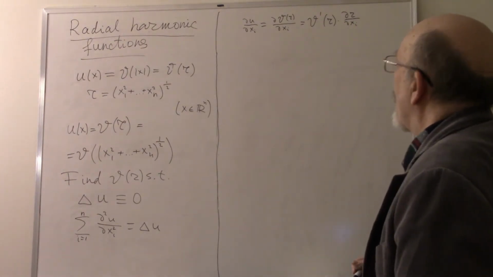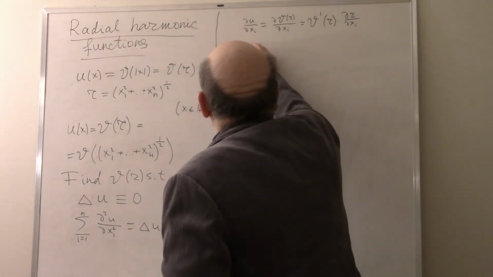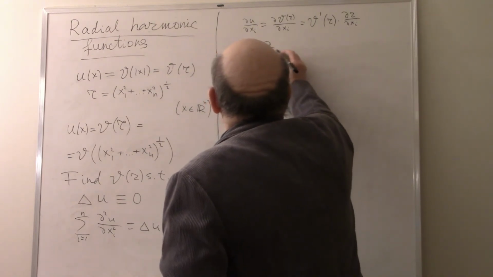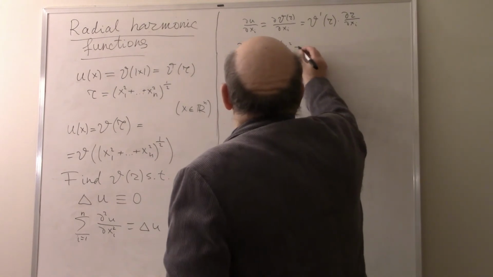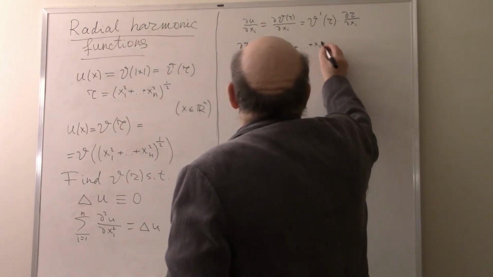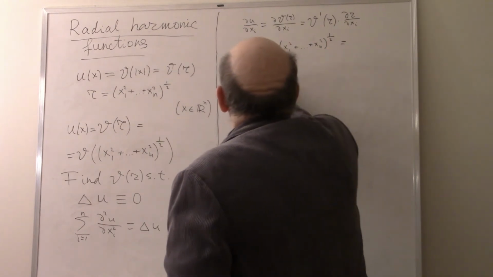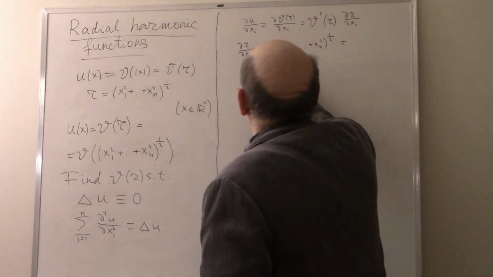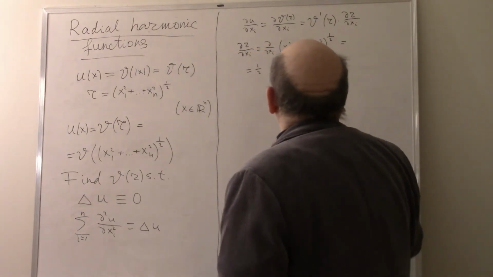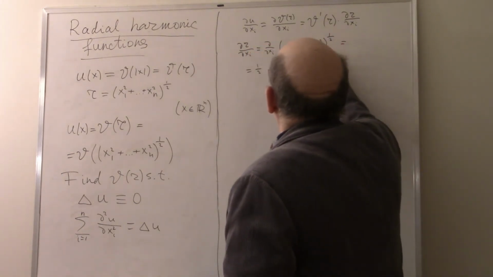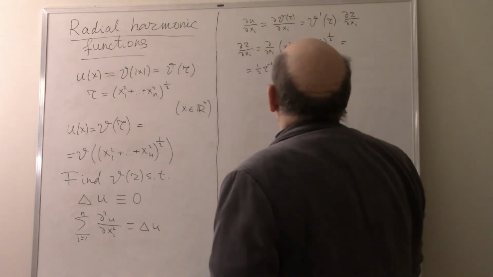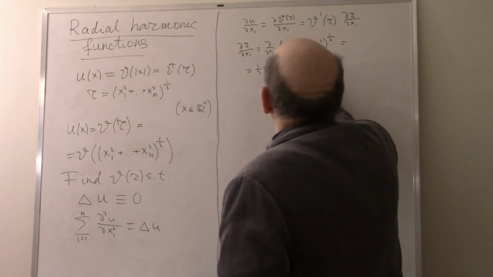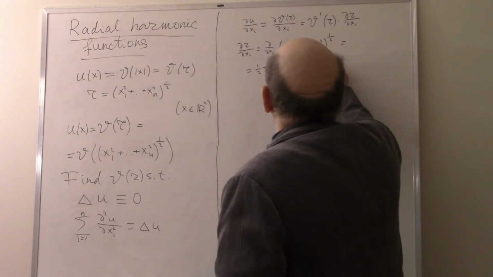So we have to find dr/dxi. dr/dxi equals d/dxi of (x1 squared plus ... plus xn squared) to the power 1/2 equals 1/2, and all this is called r, so we have r to the power minus 1, times 2xi, equals xi divided by r.